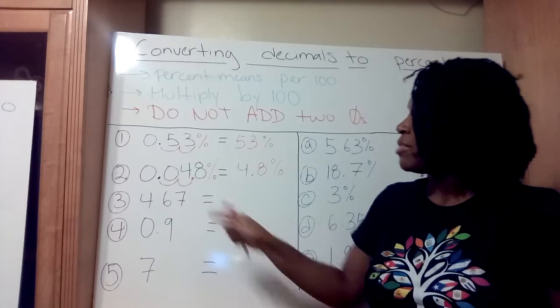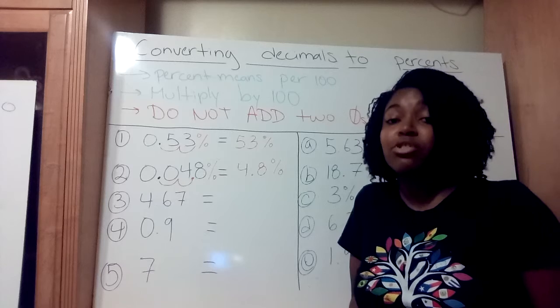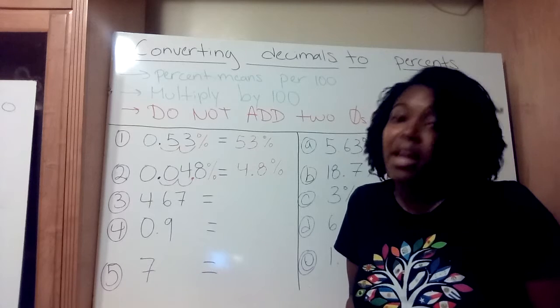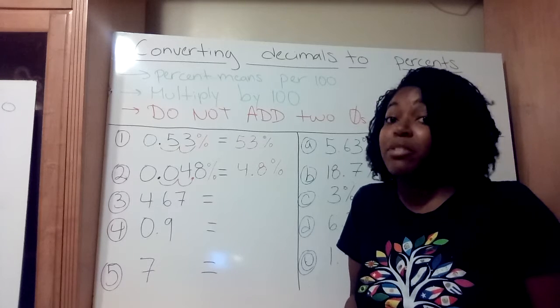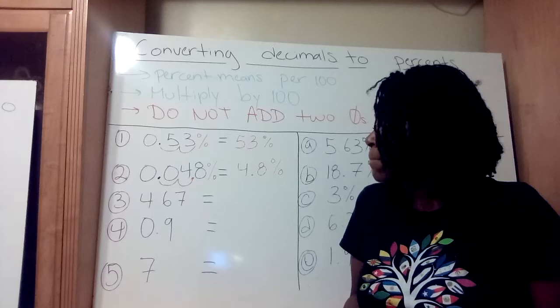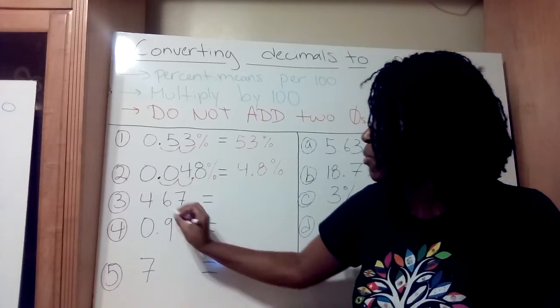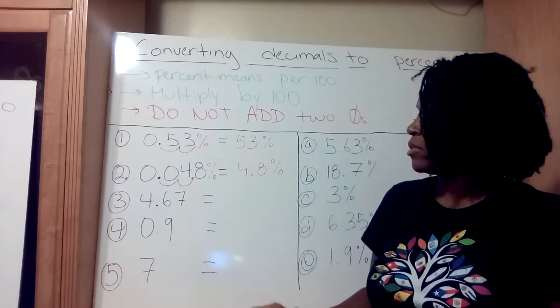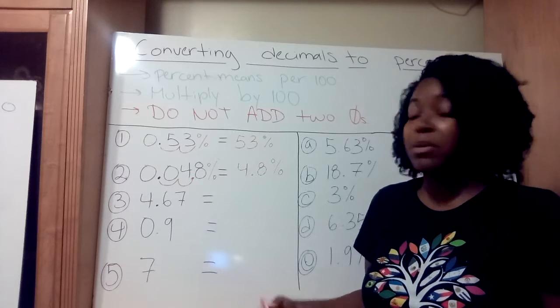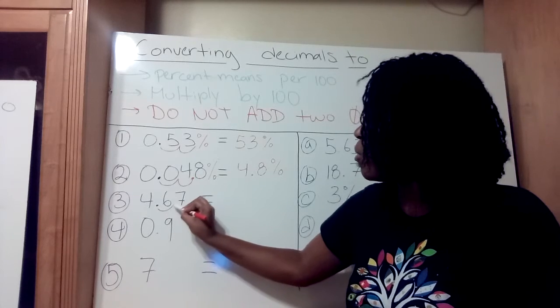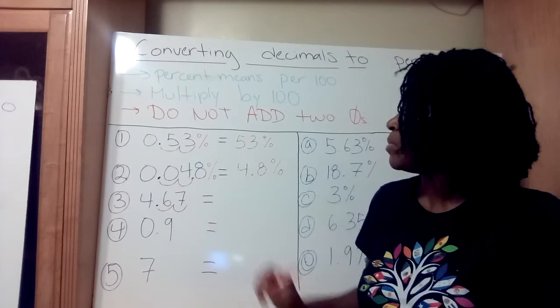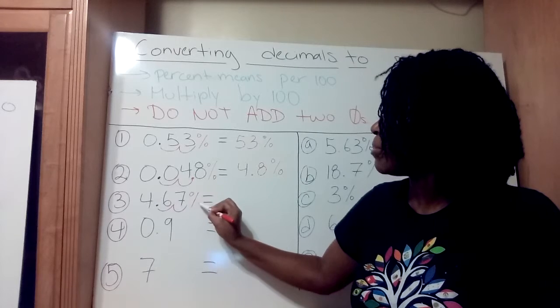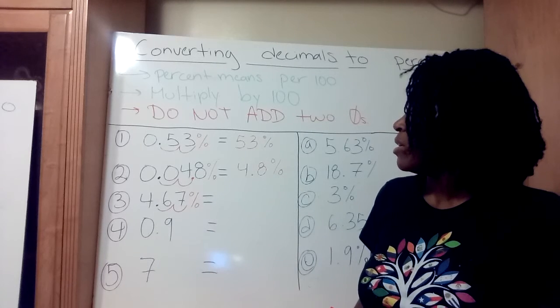All right, 4.67. All right, so this time I have a number that's greater than 1. I'm going to get a percent that's greater than 100, okay, because I have a number that's greater than 1. So when I go to move my decimal, 1, 2. Add my percent onto the end.